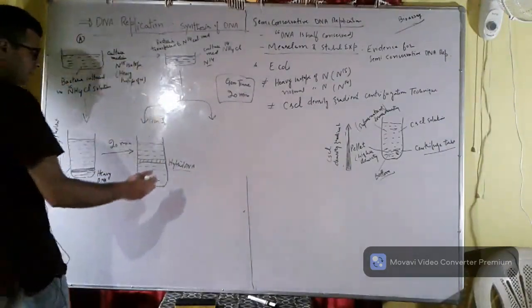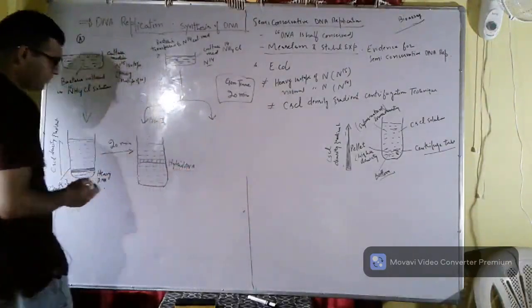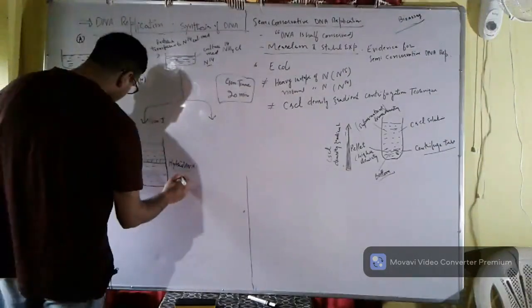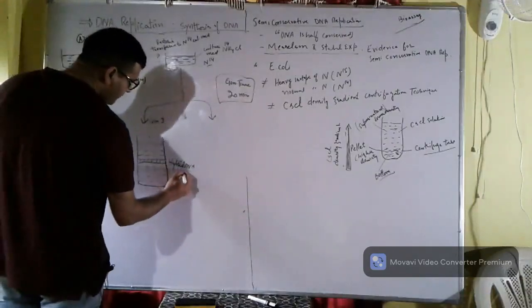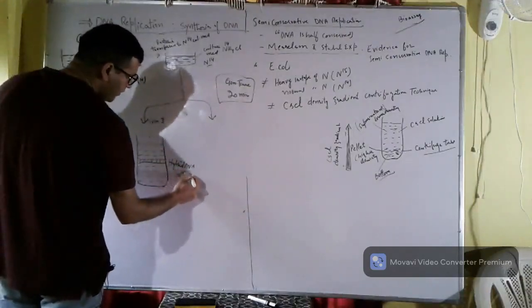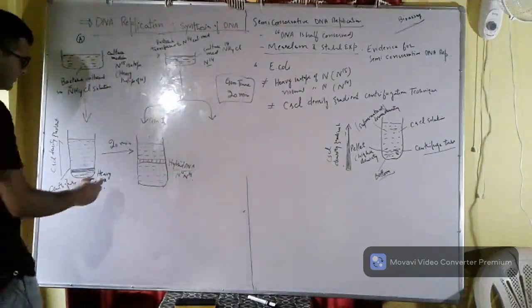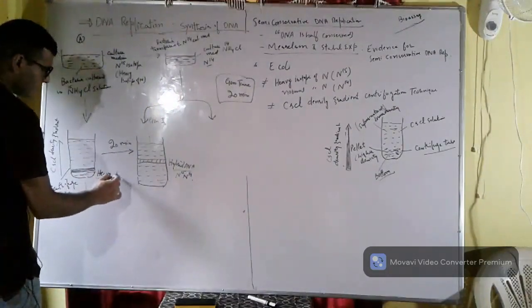So they called this DNA hybrid DNA, and this hybrid DNA has two strands. One strand is N15, another strand is N14. While in the case of heavy DNA, both strands are N15.